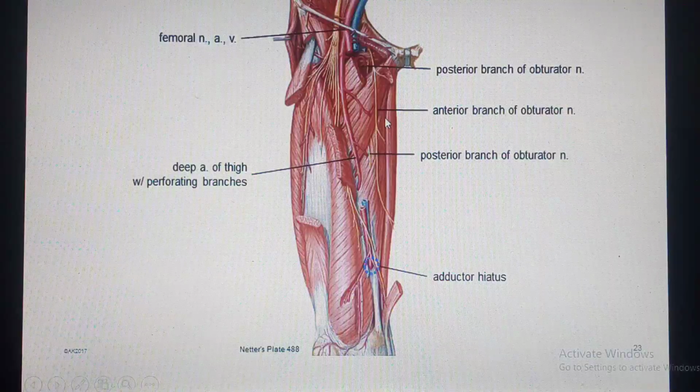So running between these two, as you can see over here, we will have the posterior division of the obturator nerve. So that is what we are going to see.